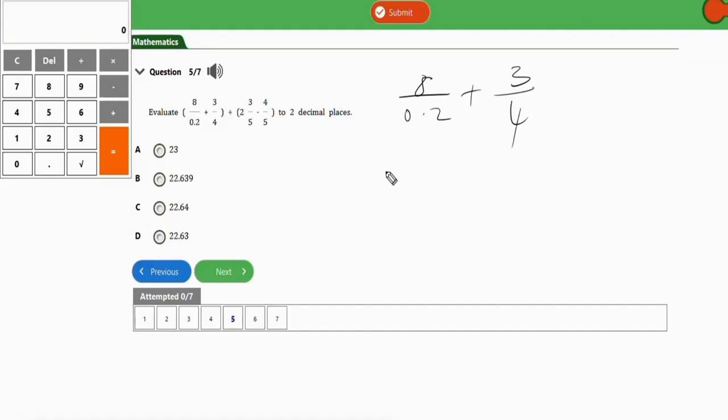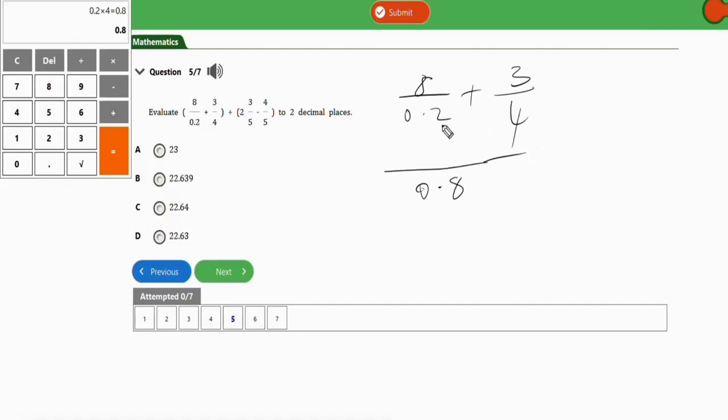So you're going to find the LCM. LCM of 0.2 and 4 will be 0.2 times 4. Now we're going to do 0.2 times 4. So we have it to be 0.8. LCM is 0.8. All right.